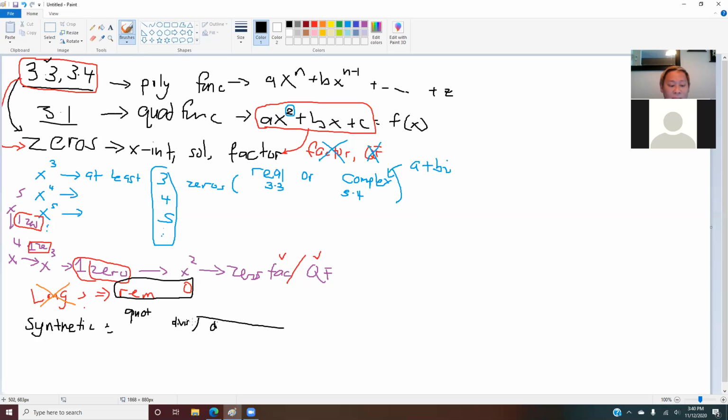This is called a dividend. And when you get the answer up here, this is what we call your quotient. And then when you divide and you subtract and so on, the last piece you have is your remainder. And for you to have a 0, this remainder has to be 0.